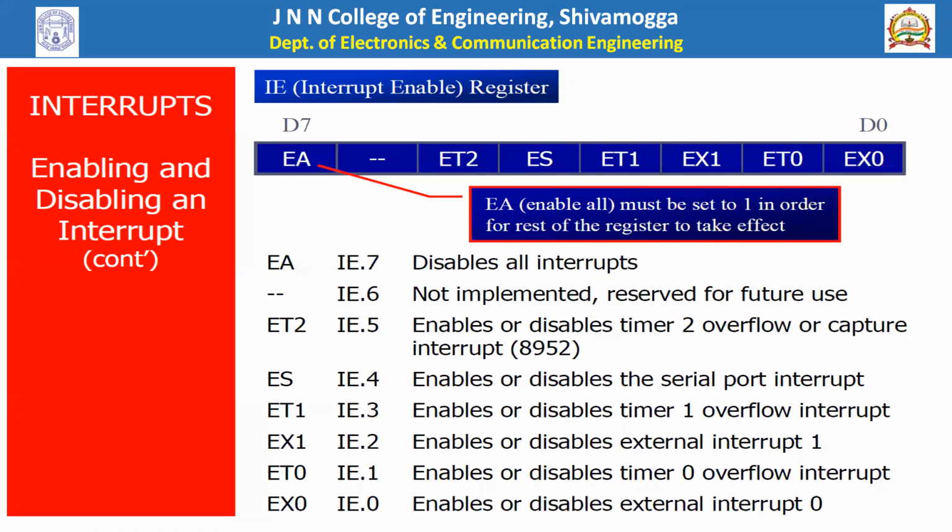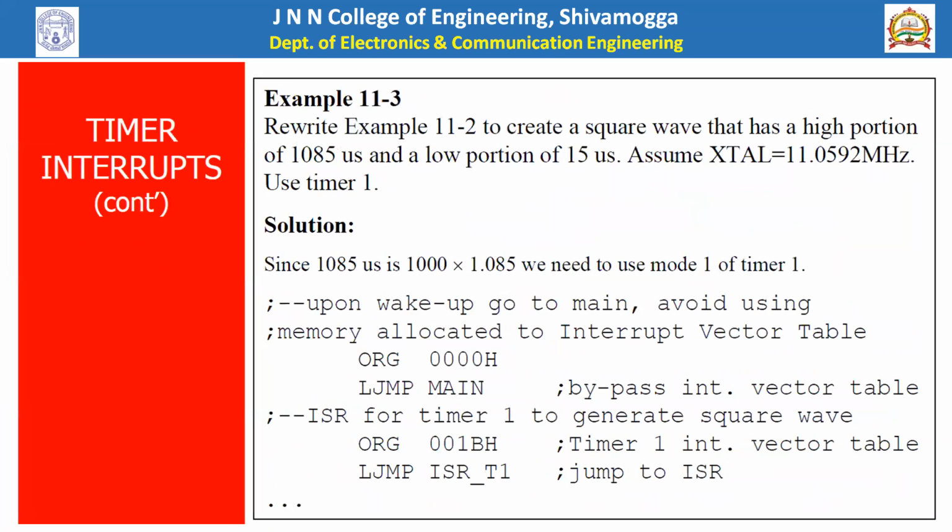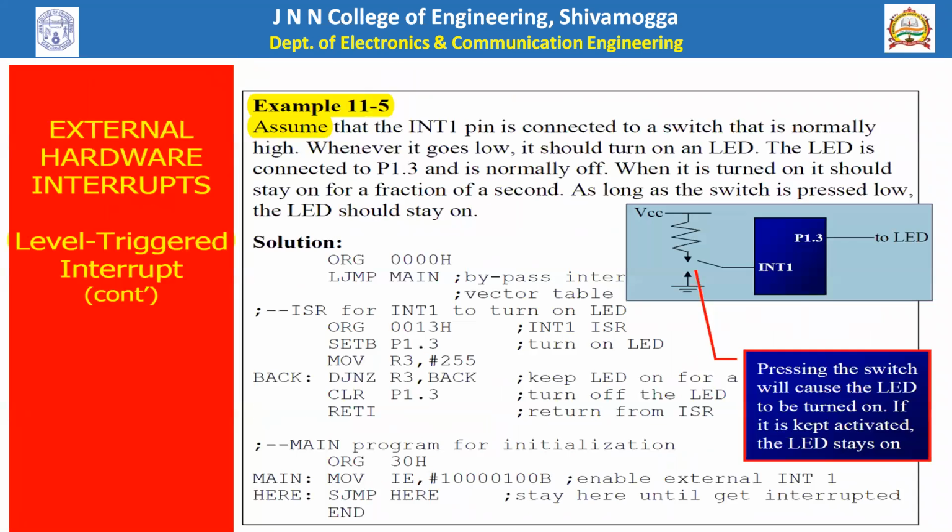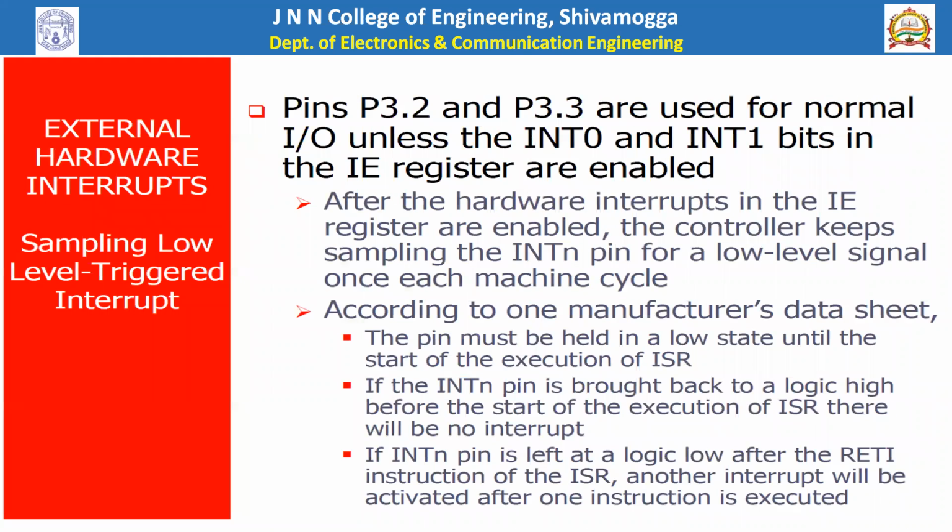External interrupt 1 is IE.2. When you make it 1, it will be automatically set to level triggered interrupt. So in the IE register, you have to enable it.